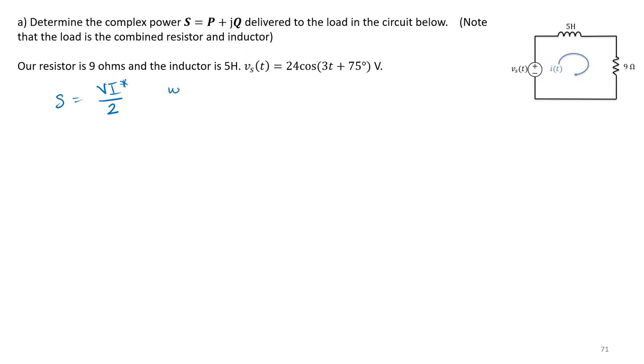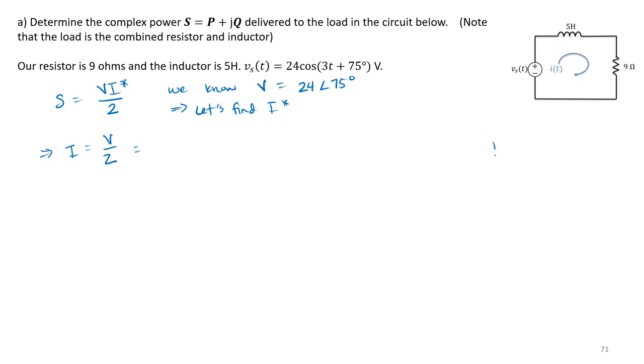And here we know that our voltage V is just 24 angle 75 degrees. So let's go ahead and find I star. In this case, to find I star, we need to find our equivalent impedance. We know that I star will be our voltage V divided by the impedance Z in our circuit.